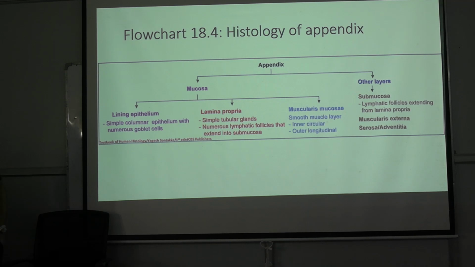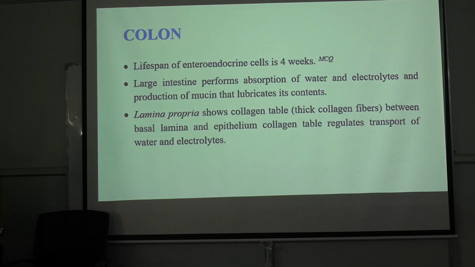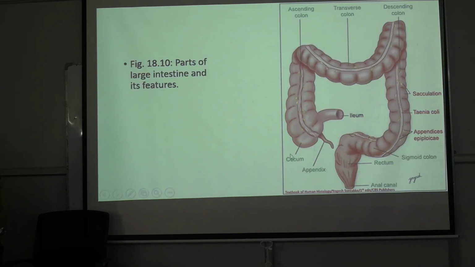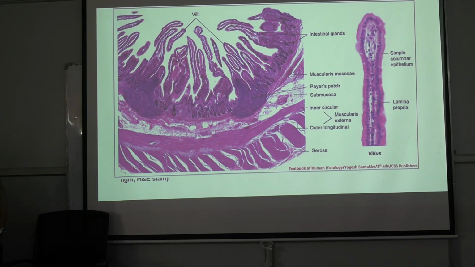If it is present, we can see the muscle layer, usually very thin, because you can see the girth of this appendix is not very thick, it is really thin. So, the muscle here is not that great compared to the large intestine that we are going to see.